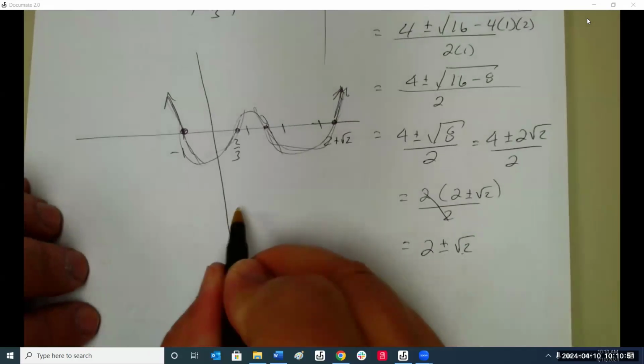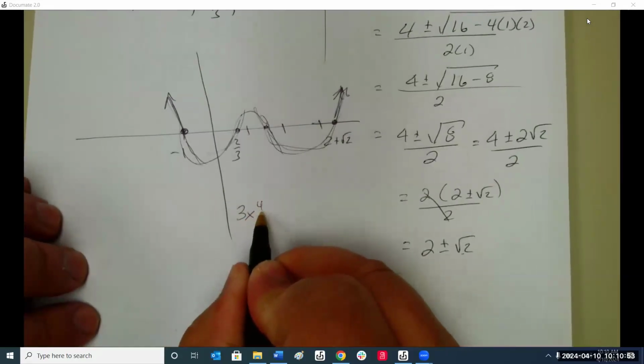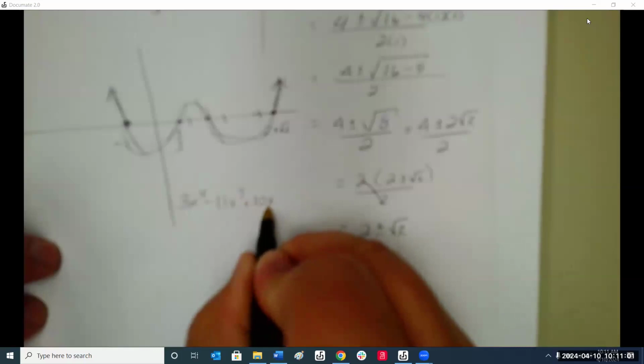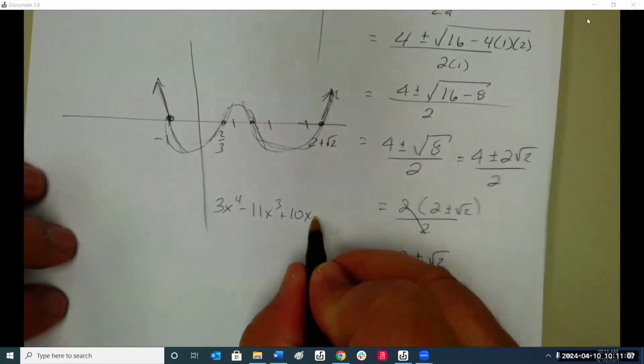So we have 3x to the 4th minus 11x cubed plus 10x minus 4 is less than or equal to 0.